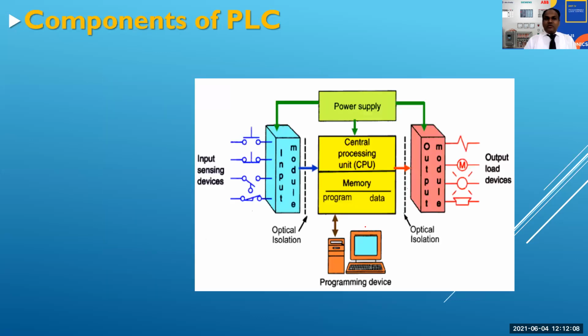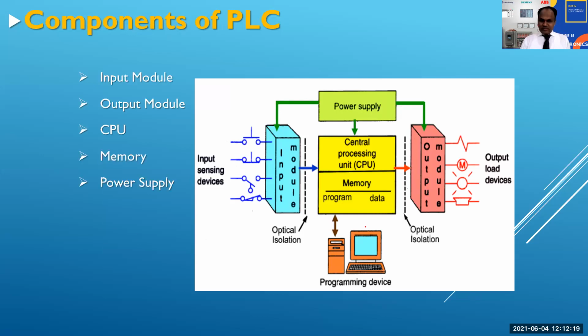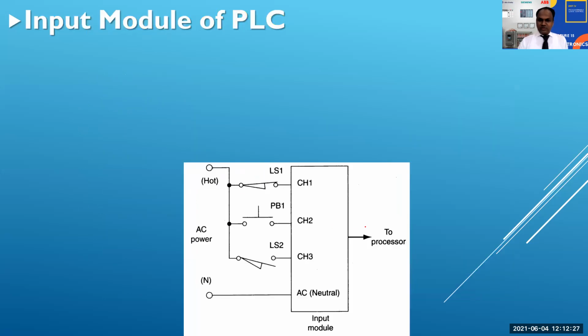Now, what are the other components we'll see? Input module, output module, CPU, memory, power supply, programming device, and communication channel. These are the main components of PLC, and we are going to see them one by one.